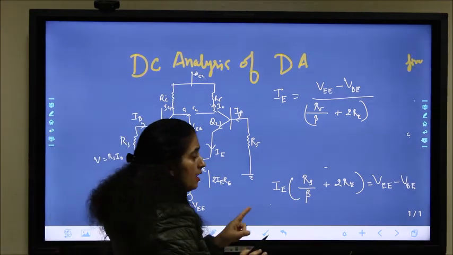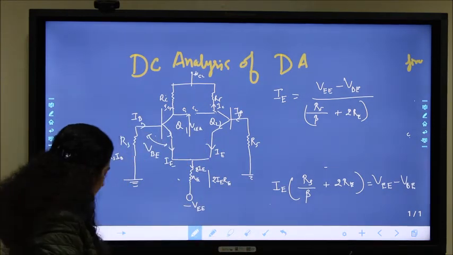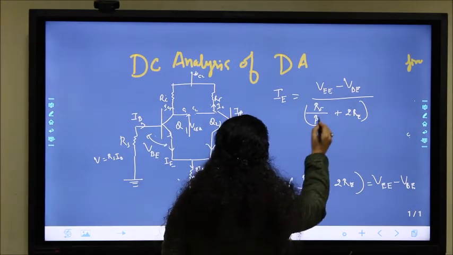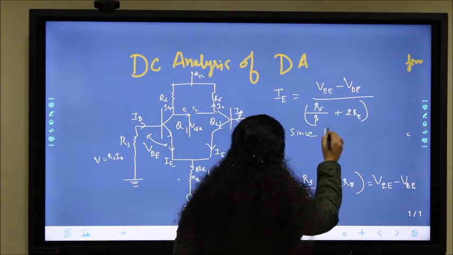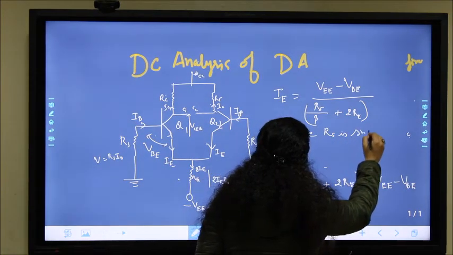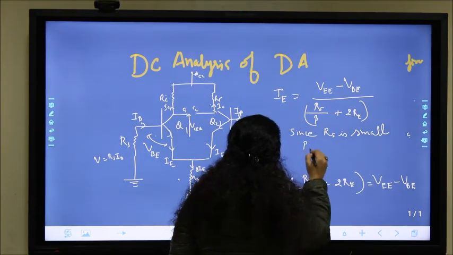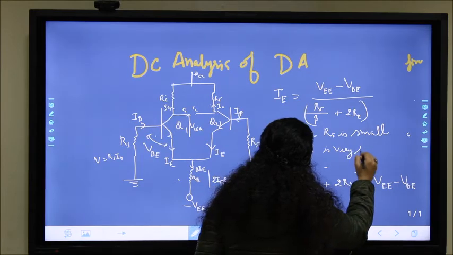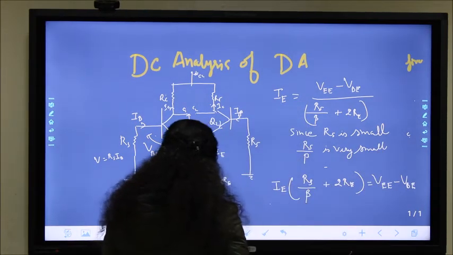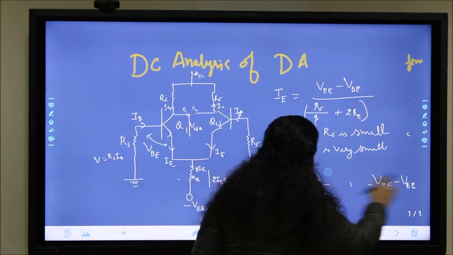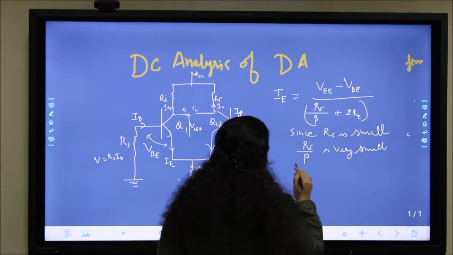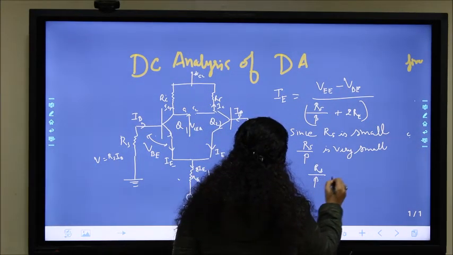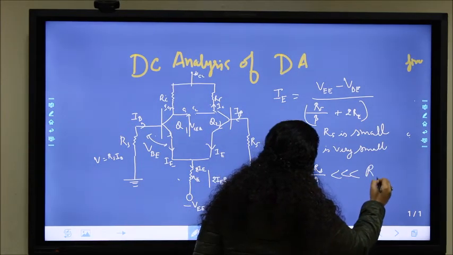Since RS is small, RS upon beta is very small as compared to RE.